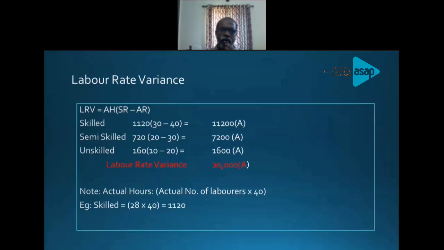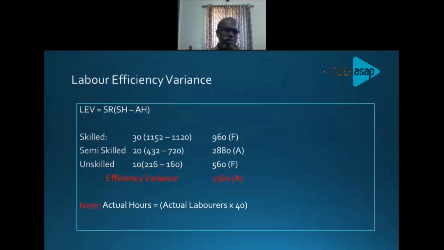So moving on to another one, labor efficiency variance. Labor efficiency variance is equal to standard rate into standard hours minus actual hours. The difference between standard hour and actual hour is multiplied by the standard rate.